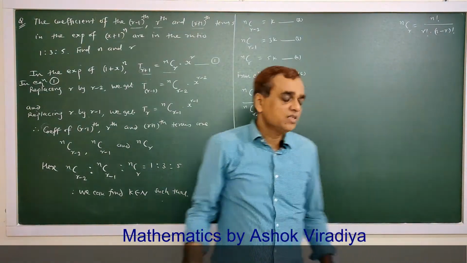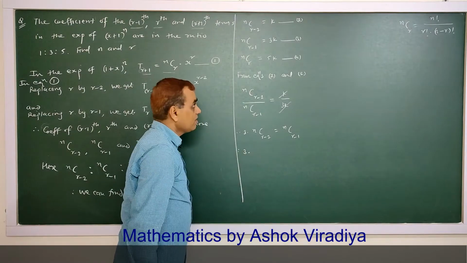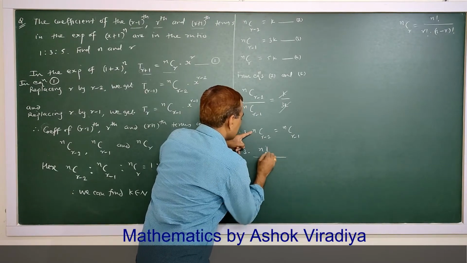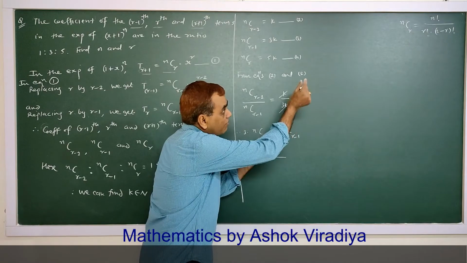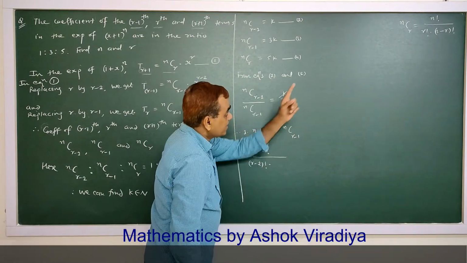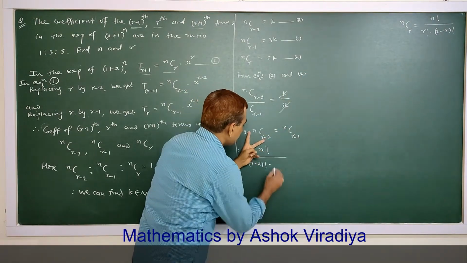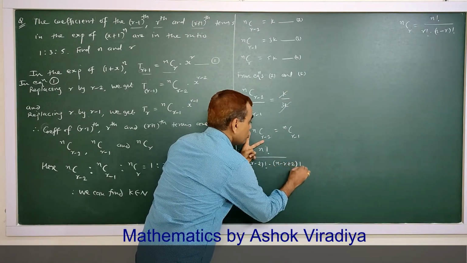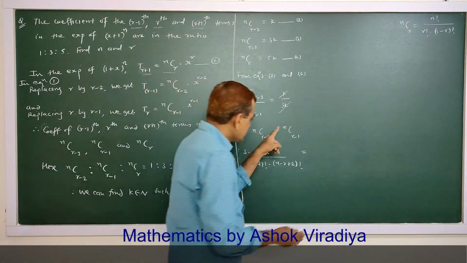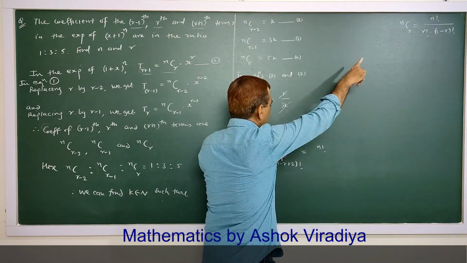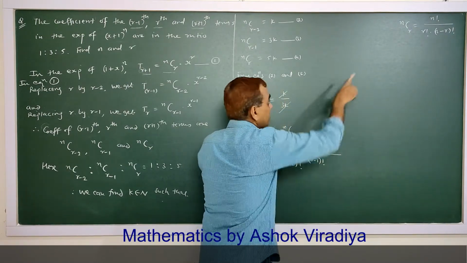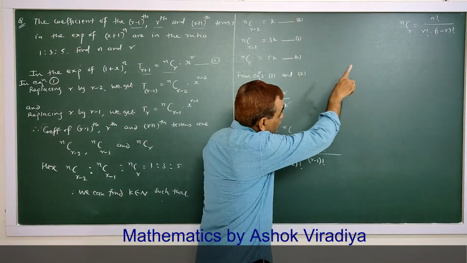So here, 3 into, using this formula, n factorial upon the factorial of the lower number (r minus 2) factorial into the difference of both numbers, so (n minus r plus 2) factorial, is equal to, similarly on the right hand side, n factorial upon the factorial of the lower number, then into the difference factorial.